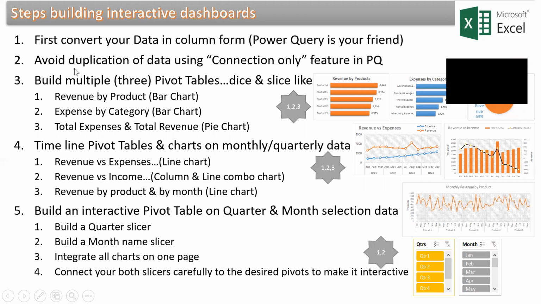First, we'll be using a Power Query connection only, and we'll be using dice and slice options. There will be three charts, and three other charts like timeline charts. Then I will integrate all the six charts into one interactive dashboard.